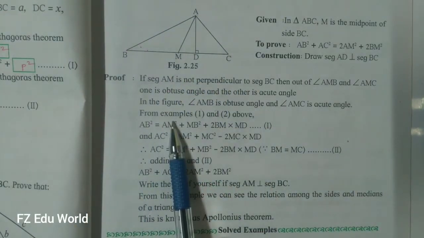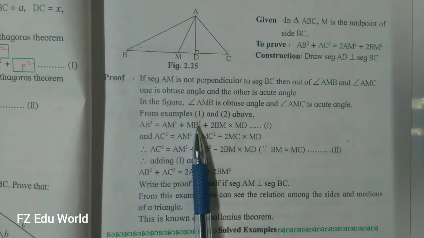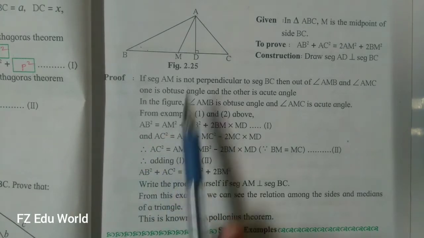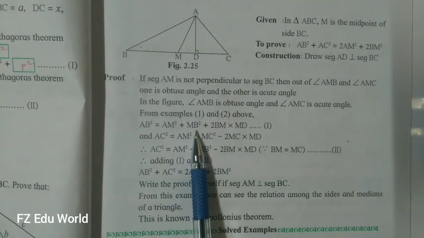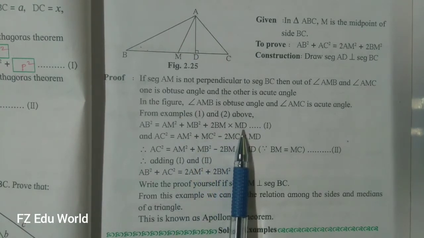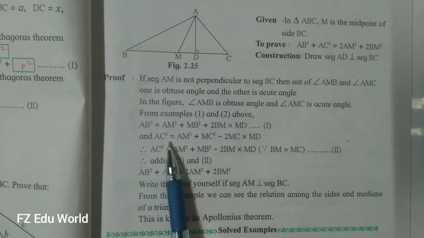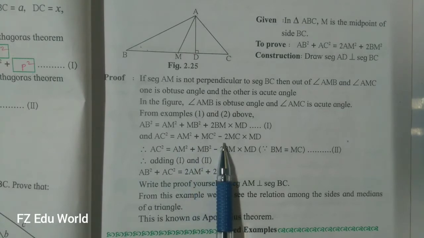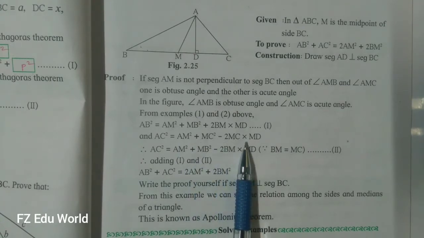For example, from example 1 and 2, previous examples we have seen, AB square is equals to AM square plus MB square plus 2BM multiplied by MD. That is equation 1. And second, AC square is equals to AM square plus MC square minus 2MC multiplied by MD.